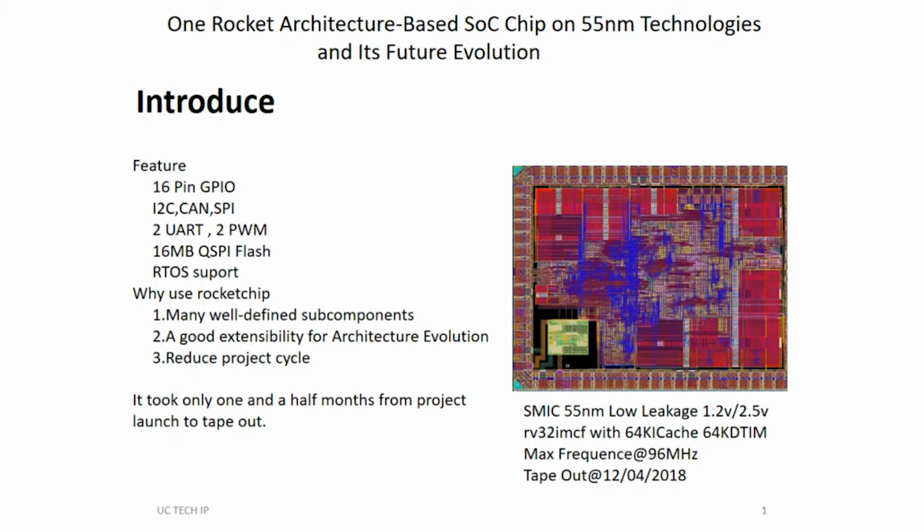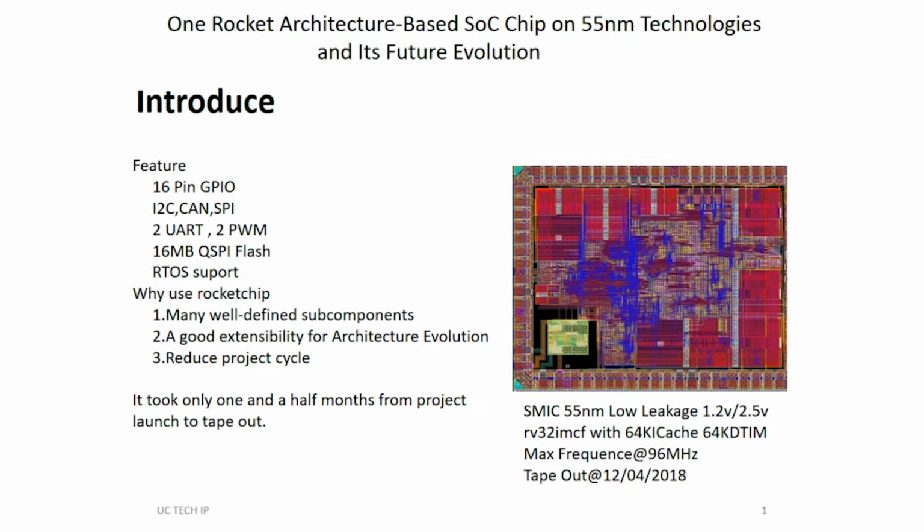The configuration is RISC-V IMCF, with 64 bytes iCache and 64 bytes dCache. We have some communication ports like GPIO, I2C, SPI, UART, and we can also use QSPI flash to do the program management.